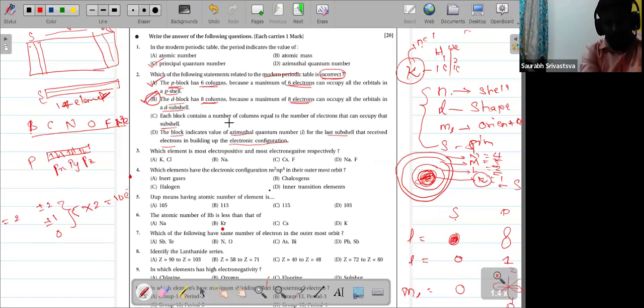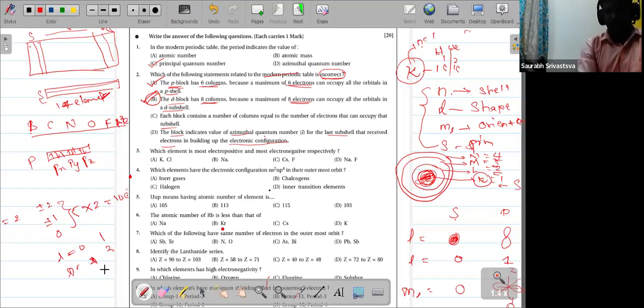Next, each block contains a number of columns equal to the number of electrons it can occupy in the subshell. Number of columns means, suppose it is an S subshell, 1s, how many electrons it will accommodate is based on that. That is also a correct statement. The block indicates the azimuthal quantum number, the l value. If l equals 0, then there is only 1 orbital. If l equals 1, then it is 3.